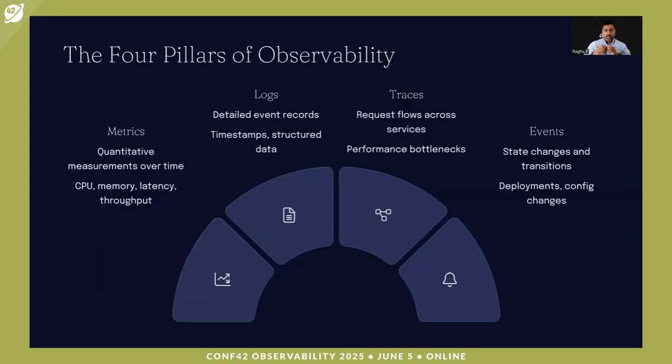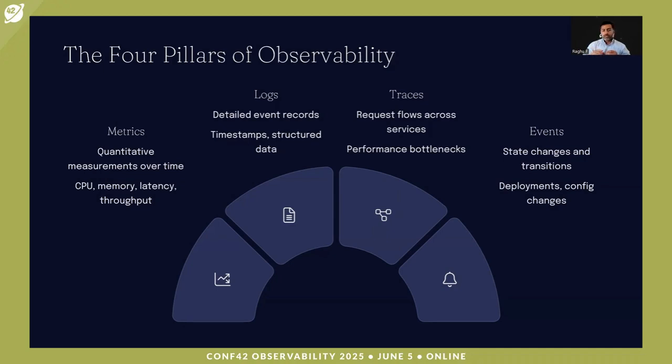As you can see, there are 4 pillars of observability, and they are the key data sources that provide visibility to the health and performance of a system. Metrics give us quantitative measurements over time, like CPU, memory, latency, and throughput. Logs provide detailed event records with timestamps and structured data.